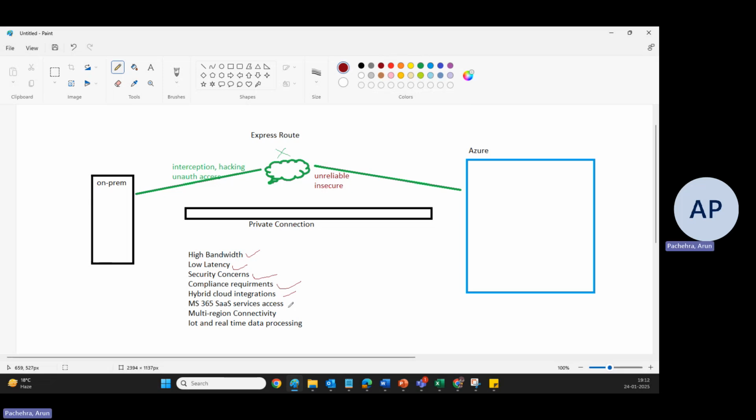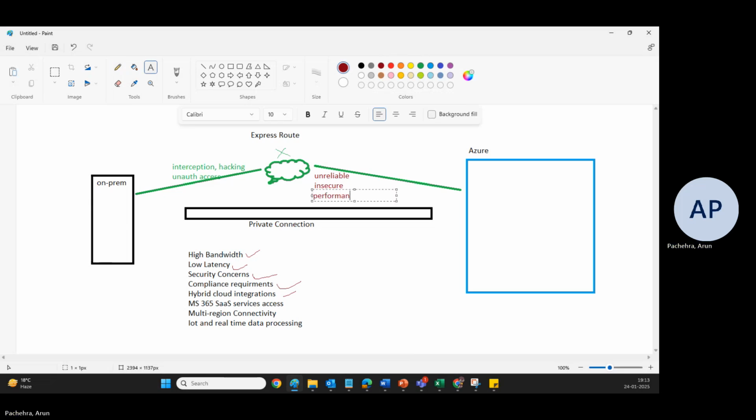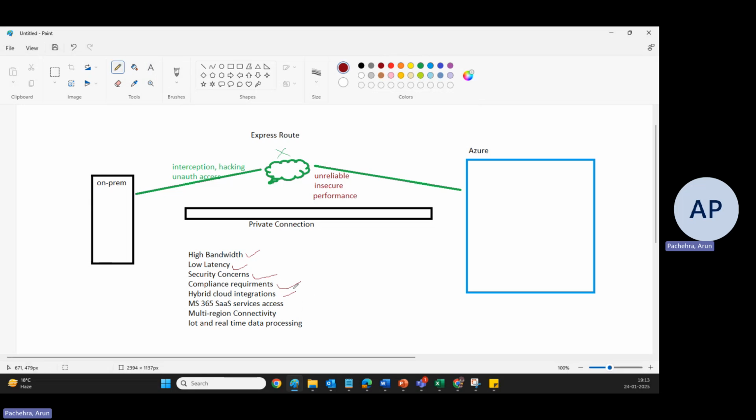Because the internet can lead to performance bottlenecks and expose traffic to potential security risk. We can add one more here, performance. So this is another challenge, not for all of them, but certain organizations which ought to follow those things.